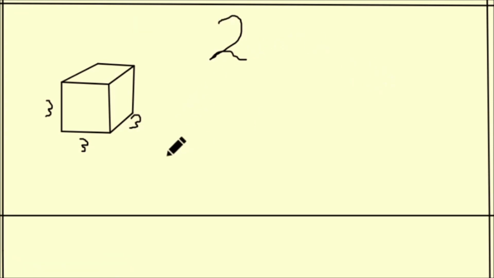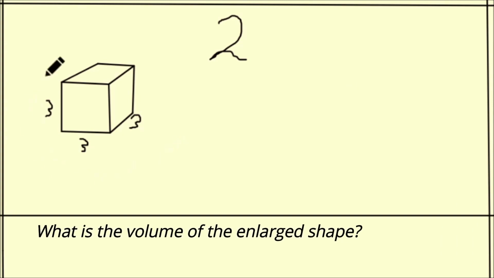So the question says, what is the volume of a cube with 3 centimeters length, height, and width enlarged by a scale factor of 2? So how do you answer this? Because the volume is always cubed, right?